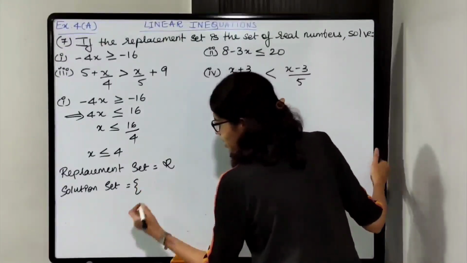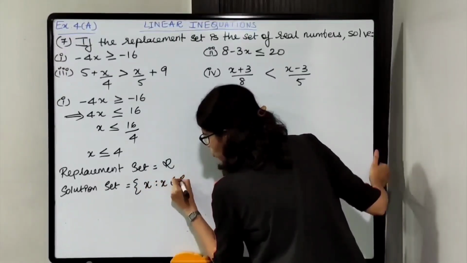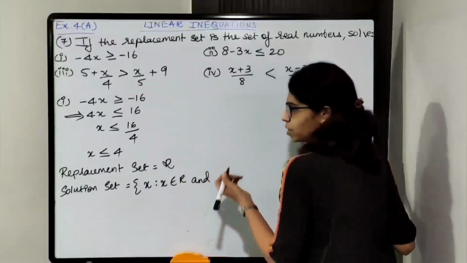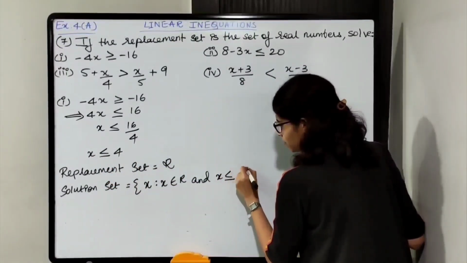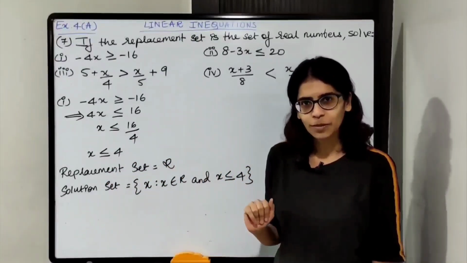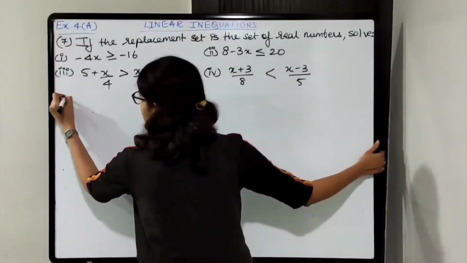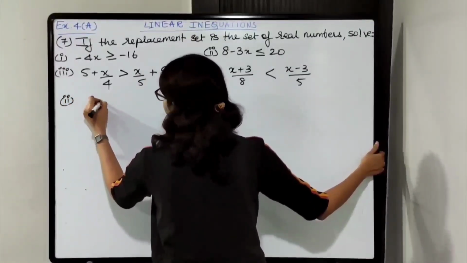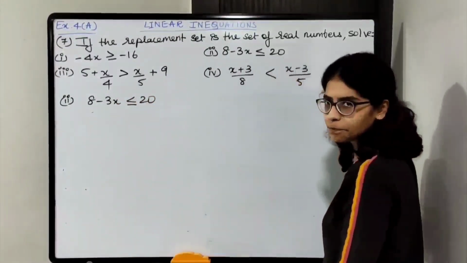So set builder form में x such that x belongs to R and condition 1. What is the condition? X is less than or equal to 4. So this is the solution set. Done. Okay. Now moving on to the next part of the question. Second part. 8 minus 3x is less than or equal to 20.